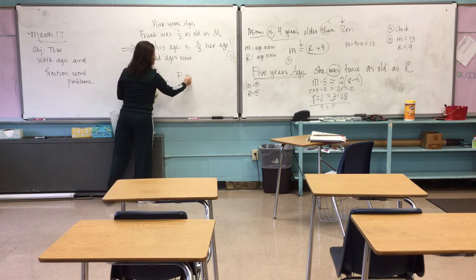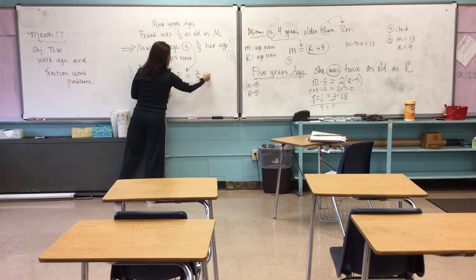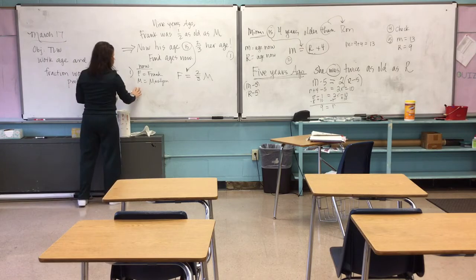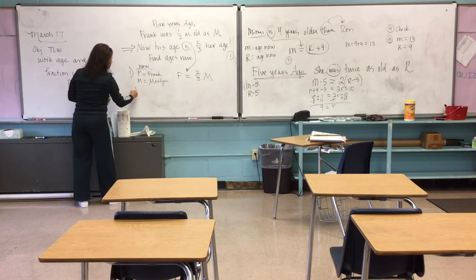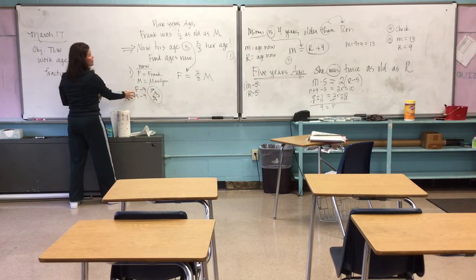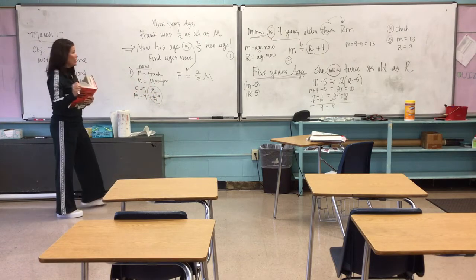Frank is 2/3 Marilyn. 9 years ago, F minus 9, M minus 9. This is 9 years ago. These variable expressions must be used to write the second equation.